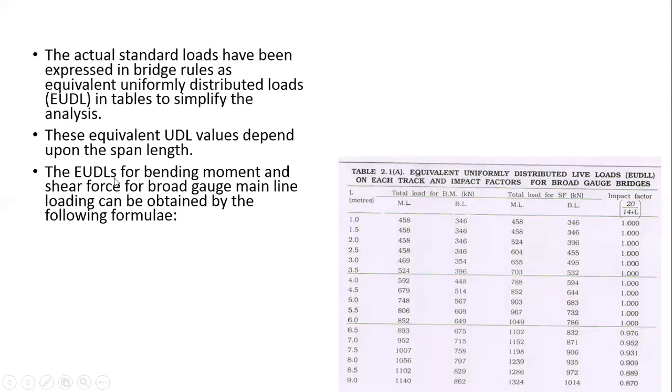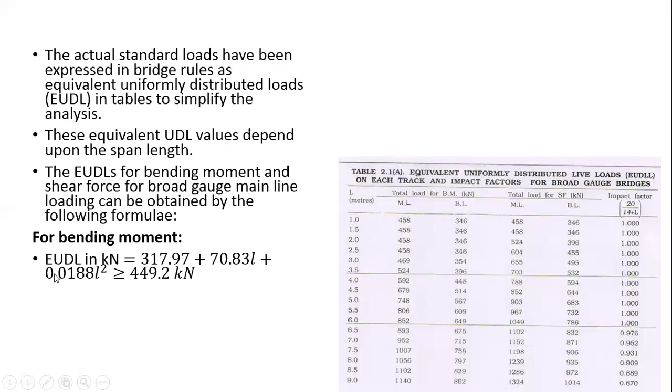EUDL for bending moment and shear force for broad gauge main line loading can be obtained by the following formula. So how are these loads calculated? For bending moment, EUDL is equal to 317.97 plus a coefficient times L, where L is the span in meters, plus 0.0188 L squared.